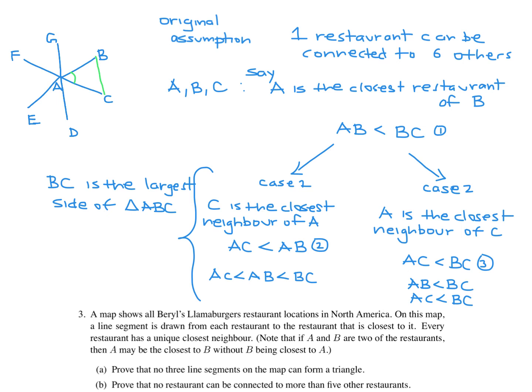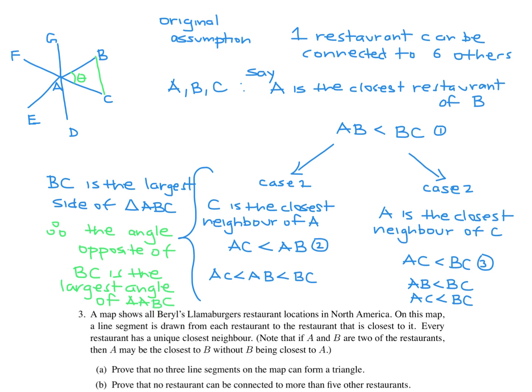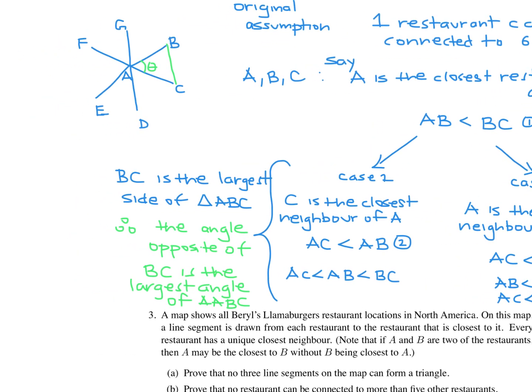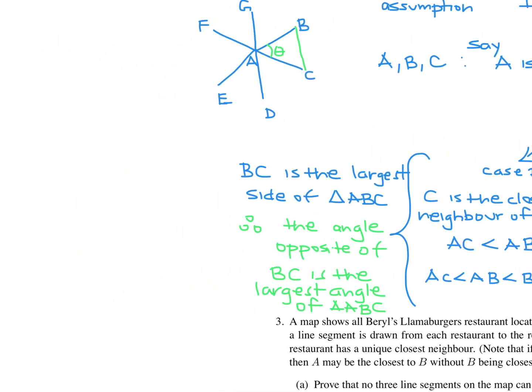So I'll just call that theta. So therefore, the angle opposite of side BC is the largest angle of that triangle, triangle ABC. Okay. All right. So we are making some good progress. Okay, that was what I needed to establish right here.